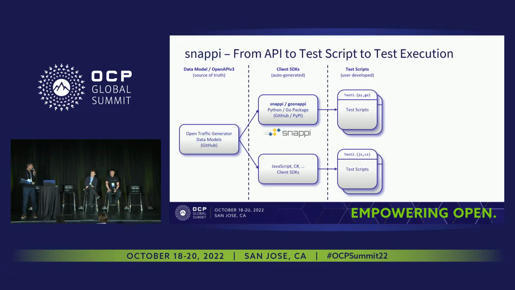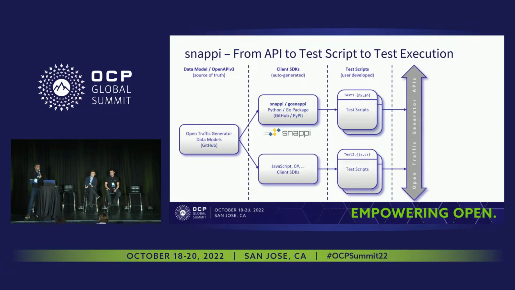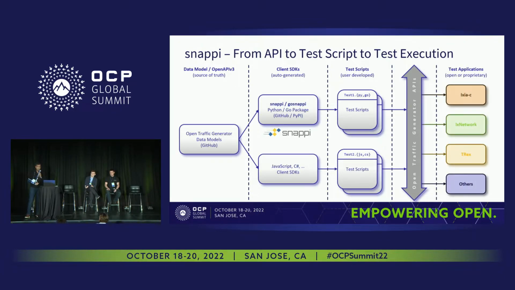Using that YAML, you can use open source tools and generate your client-side SDKs in the language of your choice. Or you can use Snappi and gosnappi, which is something we've also created and open sourced. You write your test cases using these SDKs, and these test cases then run against an Open Traffic Generator API compliant traffic generator. There are a few out there.